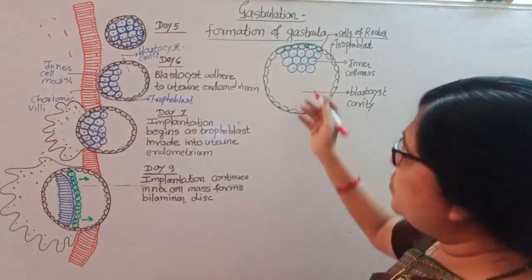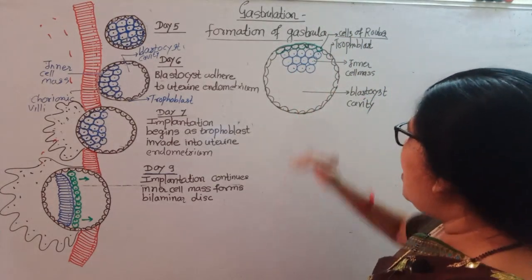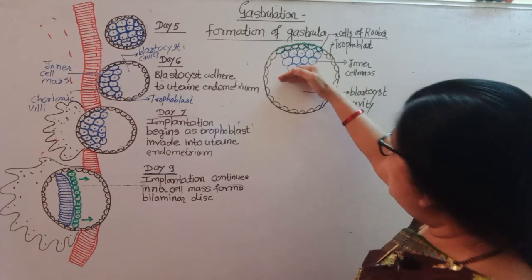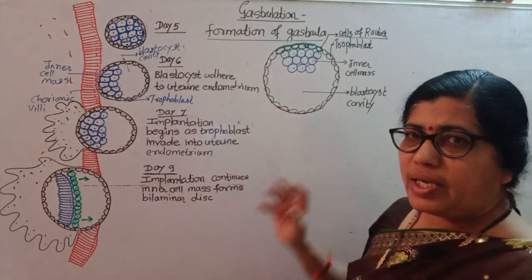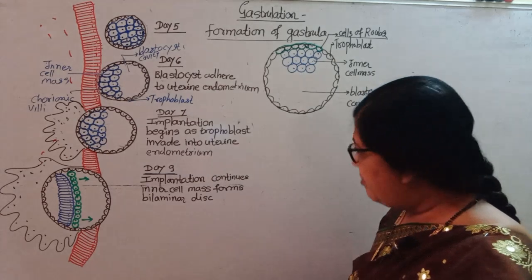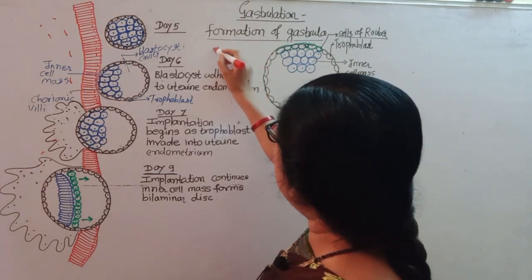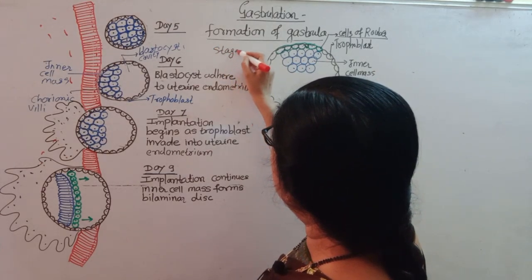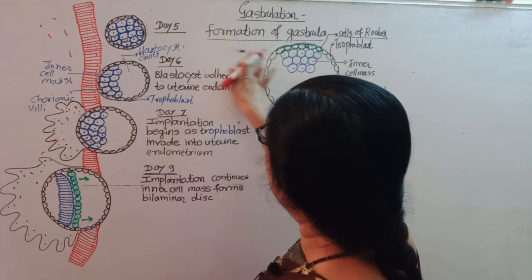So this is blastocyst. How does this blastocyst convert into gastrula step by step? This is stage 1, or step 1.